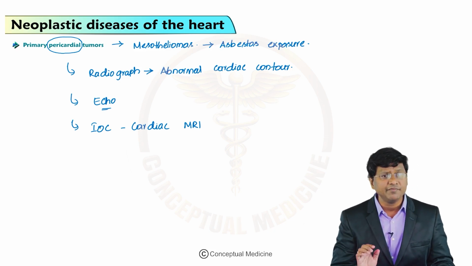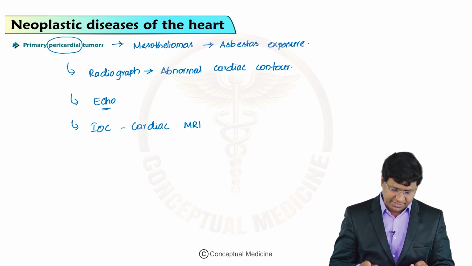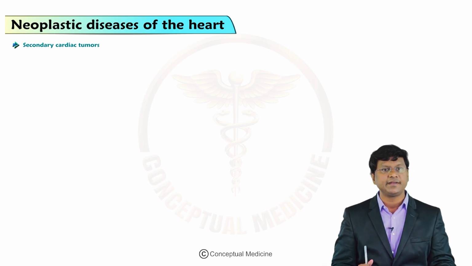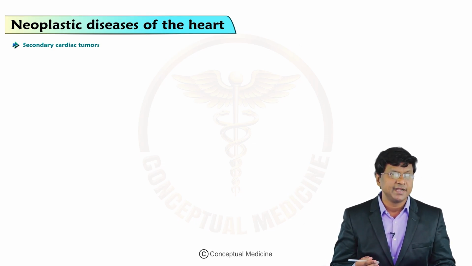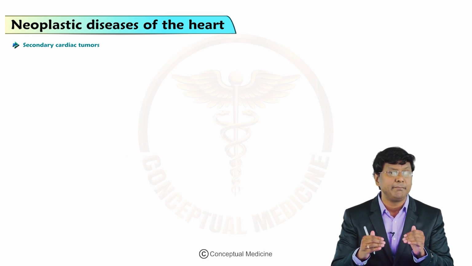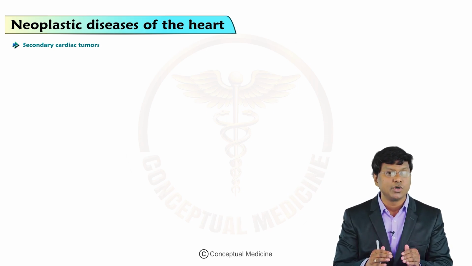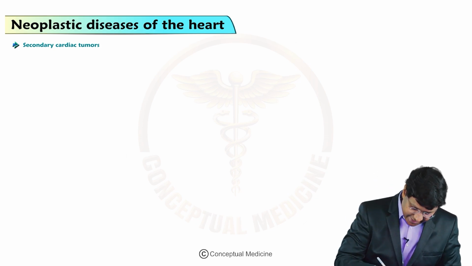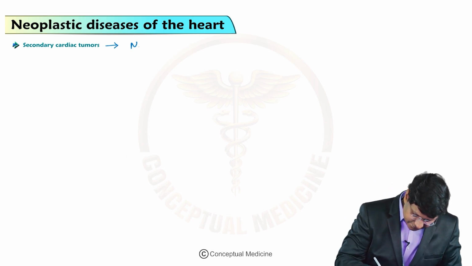Now, after having discussed the primary cardiac tumors, let me discuss the secondary cardiac tumors. Secondary cardiac tumors are nothing but metastasis. Metastasis from malignant tumors can also affect the heart.